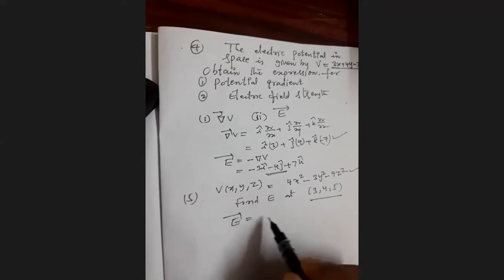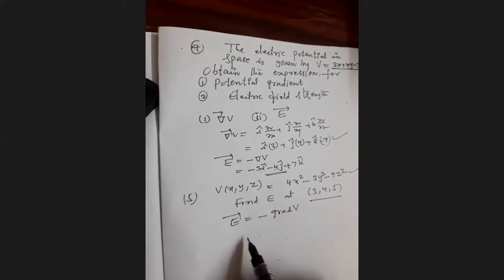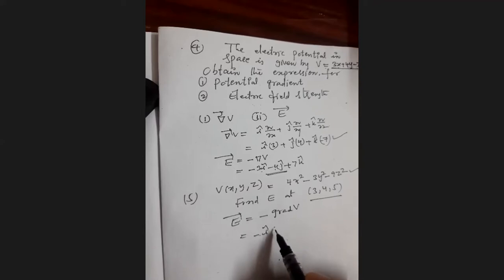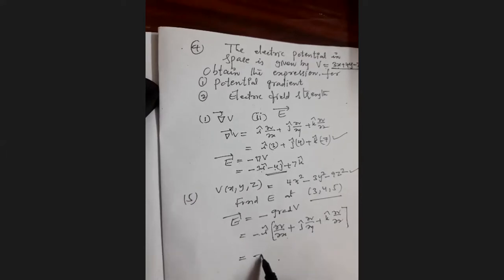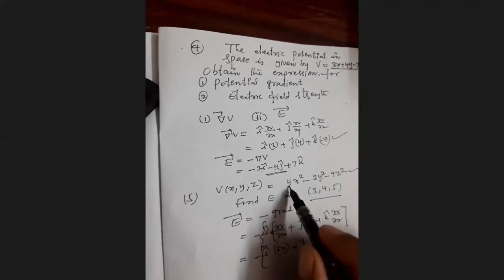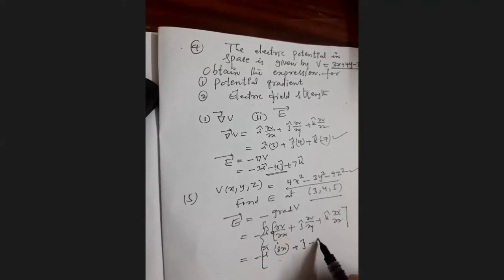Electric field strength E bar equal minus gradient of potential, minus i cap dou V by dou x plus j cap dou V by dou y plus k cap dou V by dou z, equal to minus, is common, i cap dou V by dou x, that is 8x, plus j cap into dou by dou y of V, we will get minus 6y, plus k cap into minus 18z.